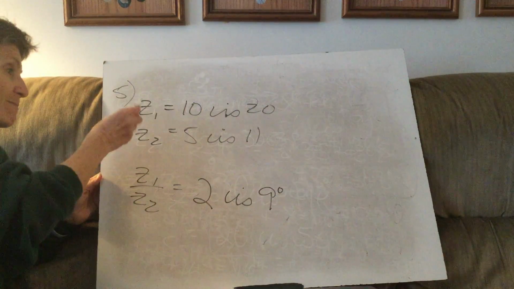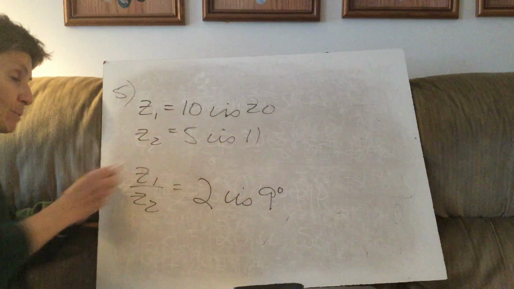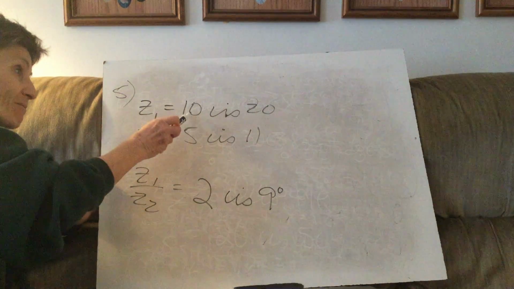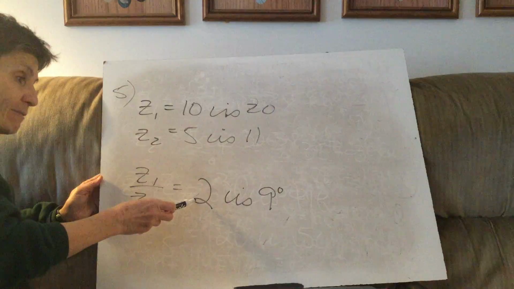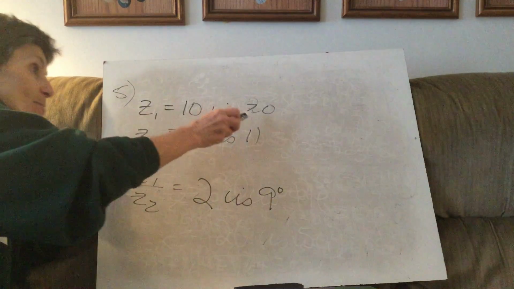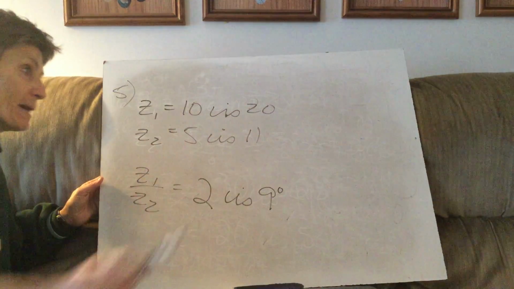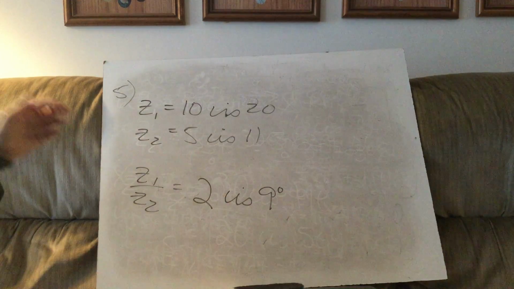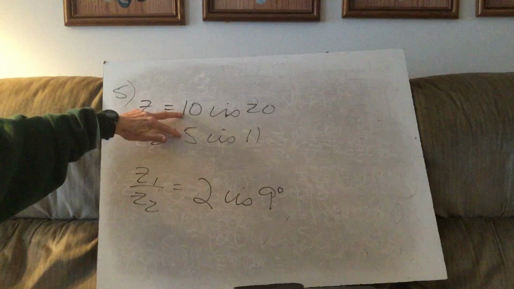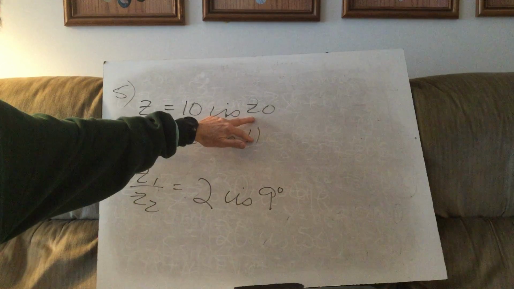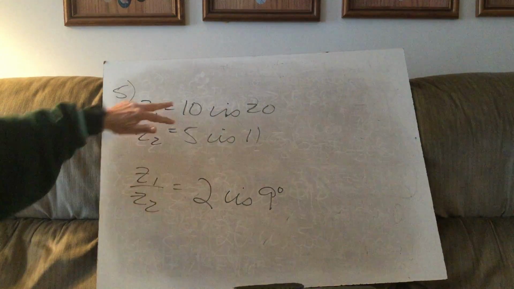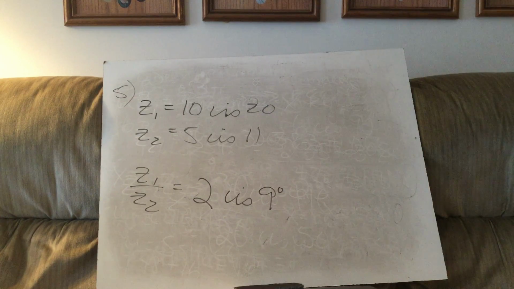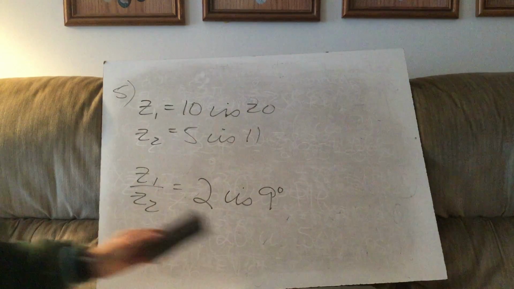So when you do a division problem with complex numbers in trigonometric form, polar form, you divide the r's, so 10 divided by 5, and subtract the angles, 20 minus 11. So when we multiply the r's, add the angles. When we divide the r's, subtract the angles. So that's the answer.